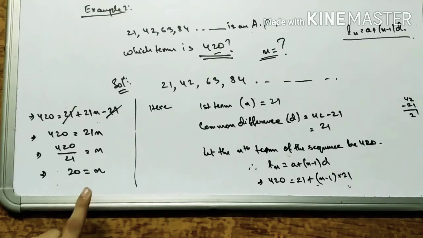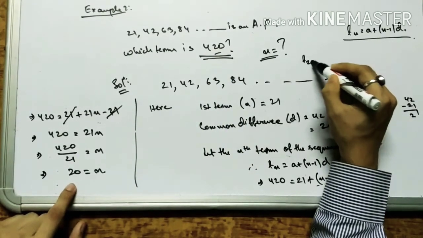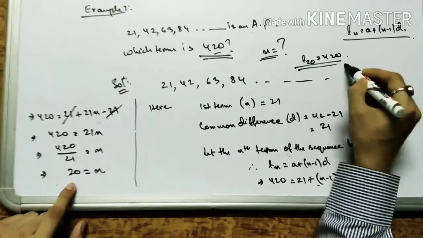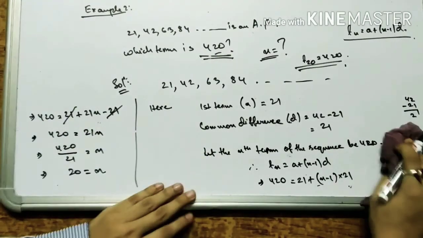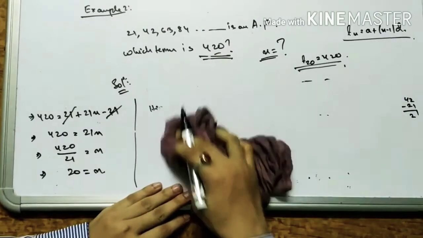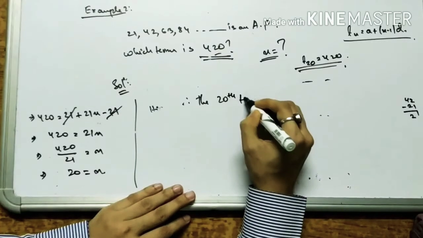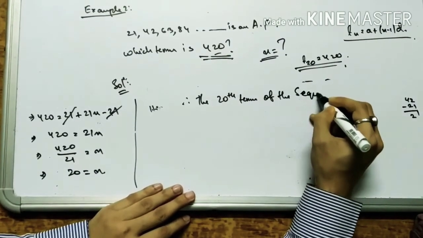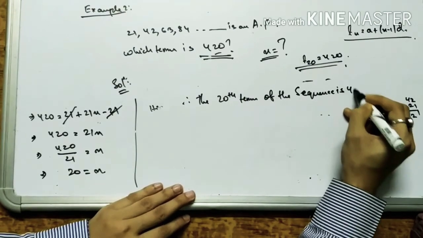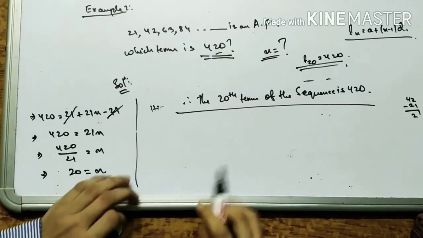Therefore the 20th term, T20, is 420. Therefore the 20th term of the sequence is 420.